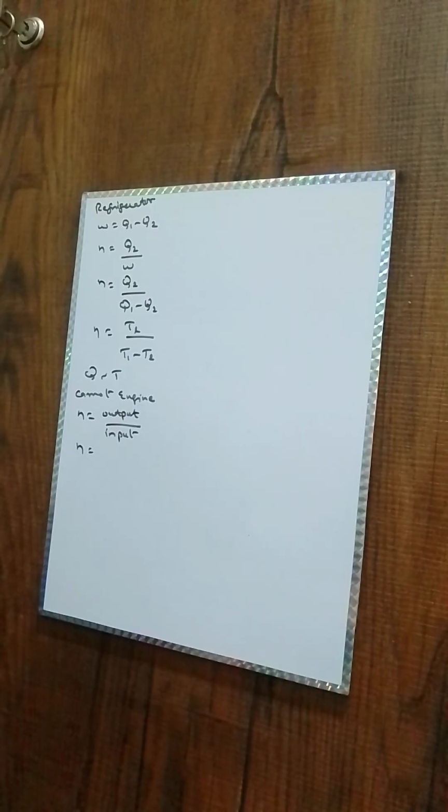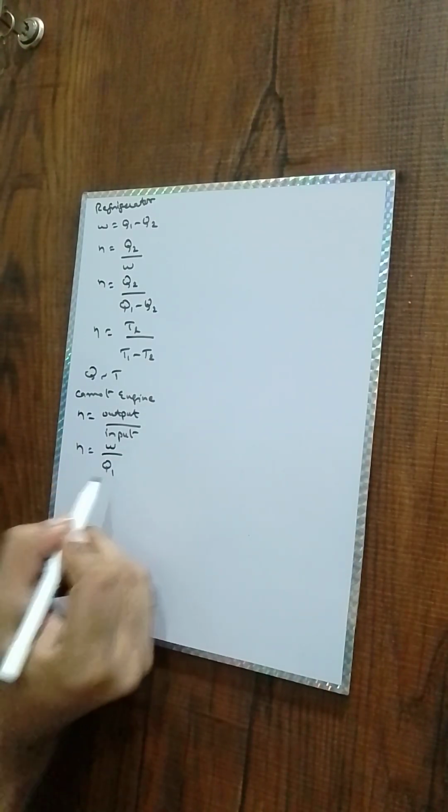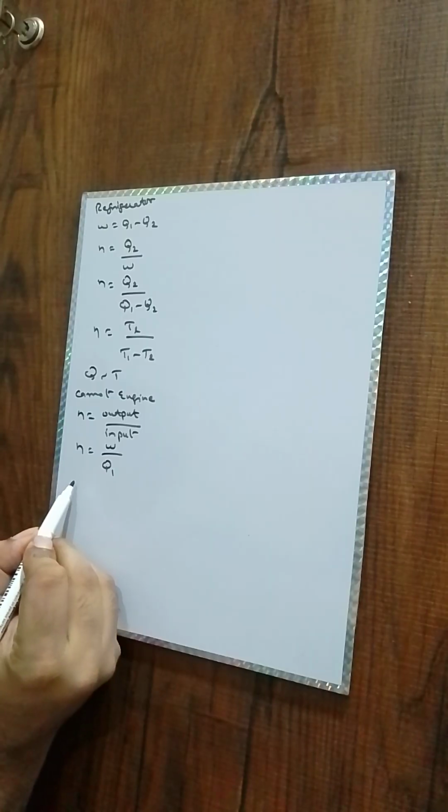And clearly the efficiency, output is the work done by the system, and input is the heat given to the system, Q1 or Qn.